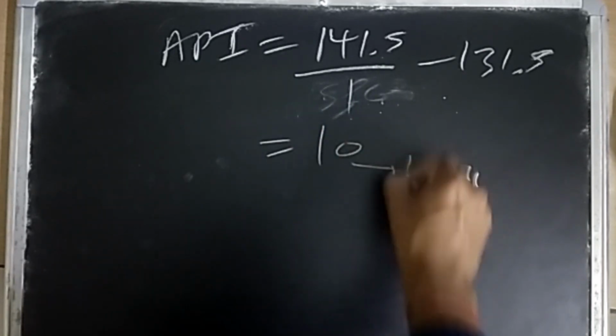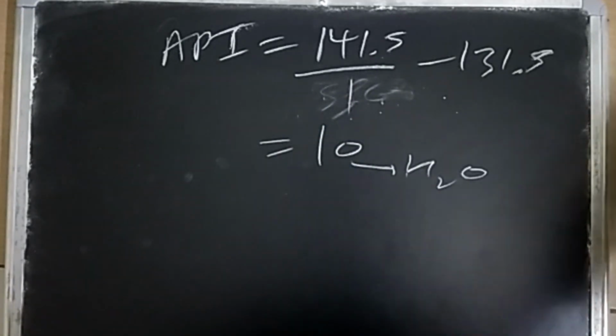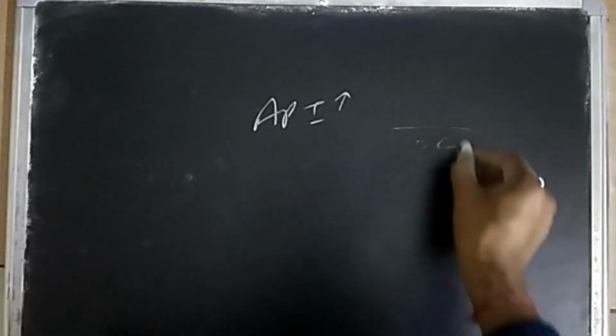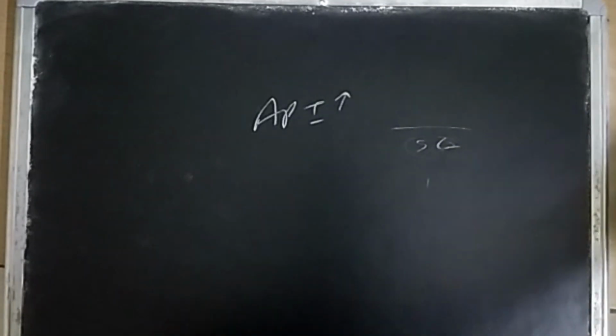This is just a measurement, the American Petroleum Institute measurement. If API is increasing, that means Sg is less, so the fuel is lighter. If API is decreasing, the specific gravity is increasing.